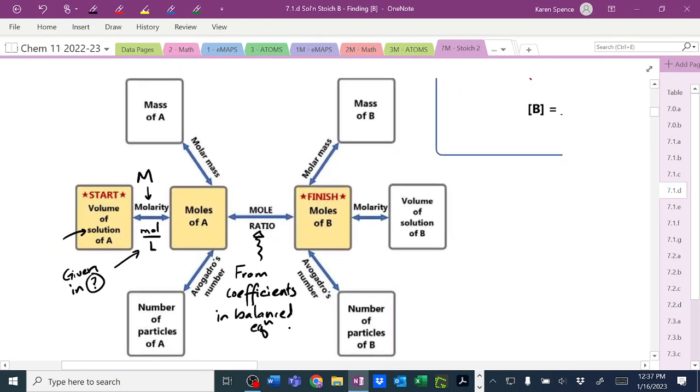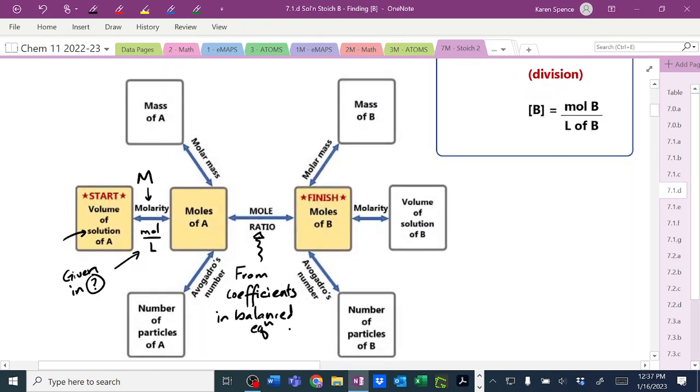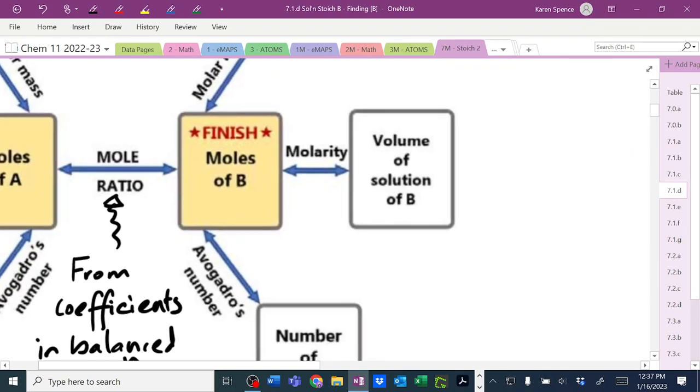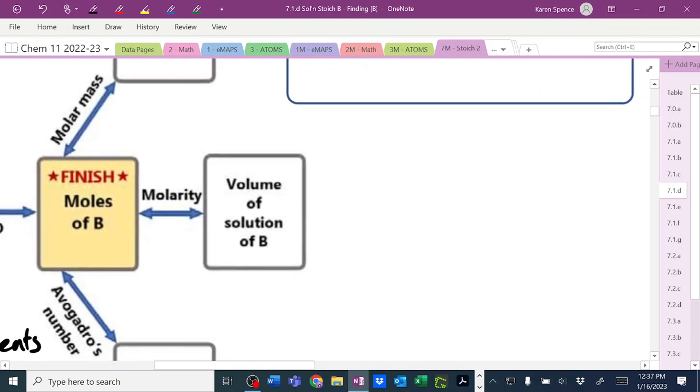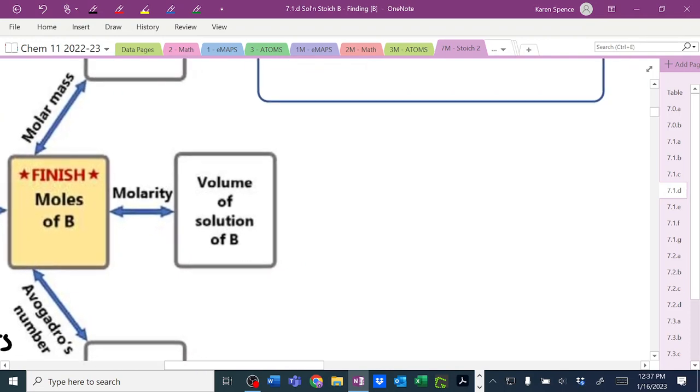The last step for this one is to find the concentration of B. Now you cannot find concentration by dividing. Do you remember how to find concentration? We had a formula for that. What is concentration? Let's say I wanted to find the concentration of B. How would I write that down?